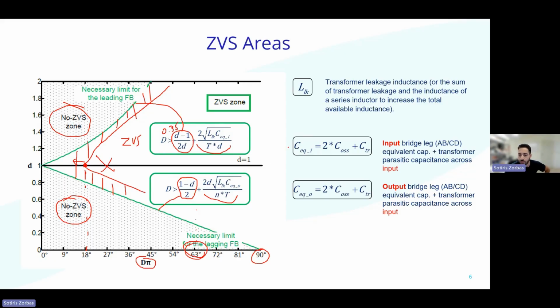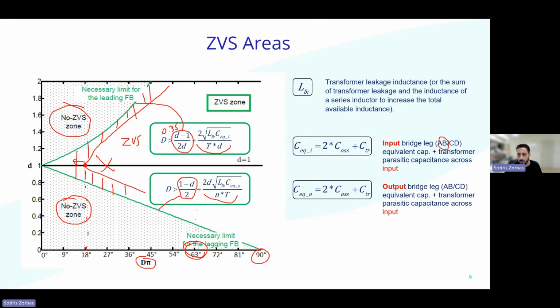Okay, so the equivalent capacitance is what do we have in this term? The leakage, you understand what this is. The equivalent is, if you take one of the two bridges, for example, like A, B, or C, D, you are having the same MOSFETs.